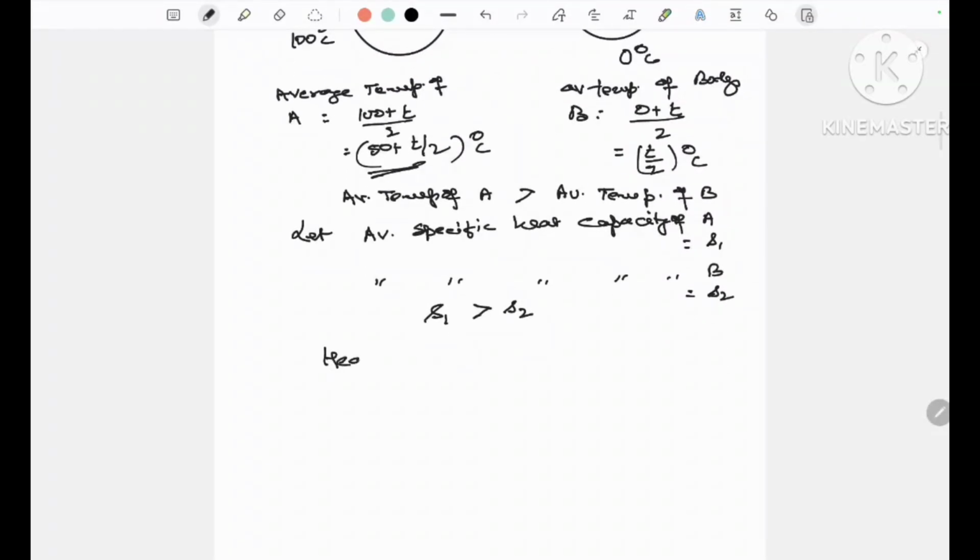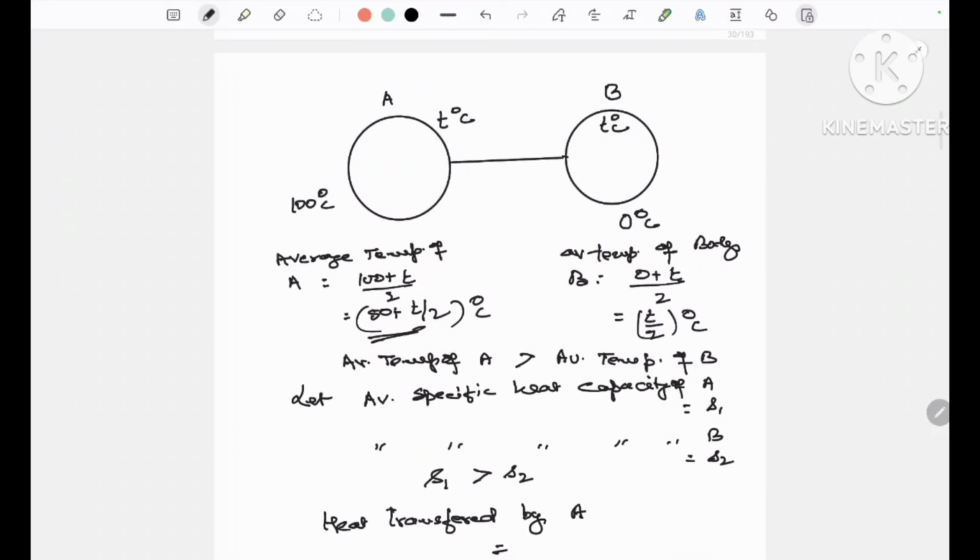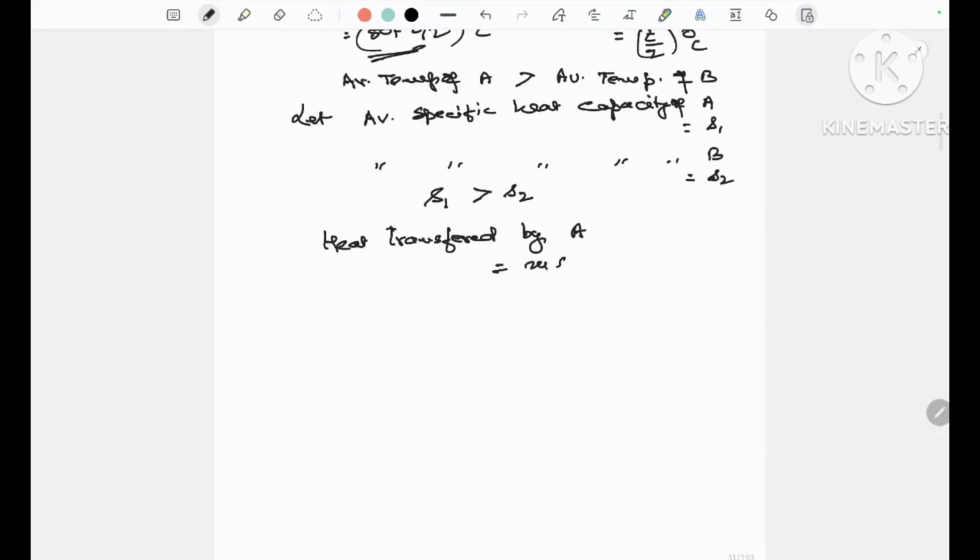Heat transferred by A, if its mass is m and the other's mass is also m, will be m S1 delta T, and delta T is the temperature difference, from 100 to T degree centigrade.